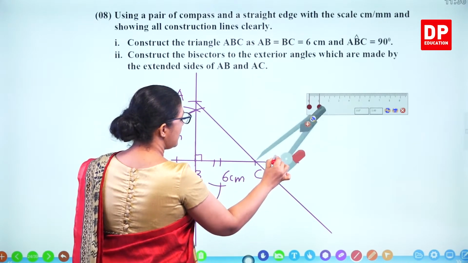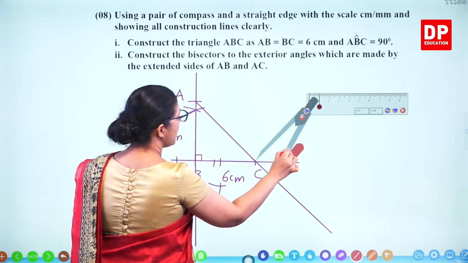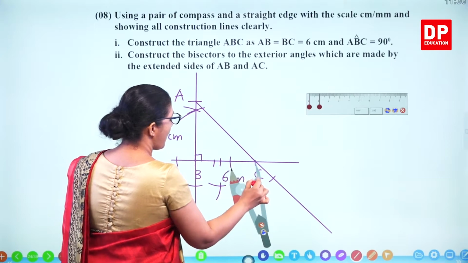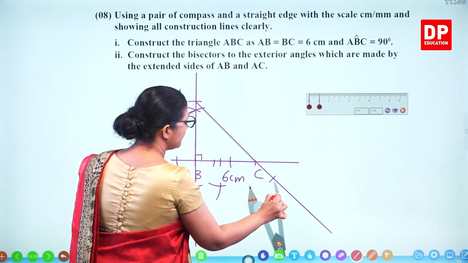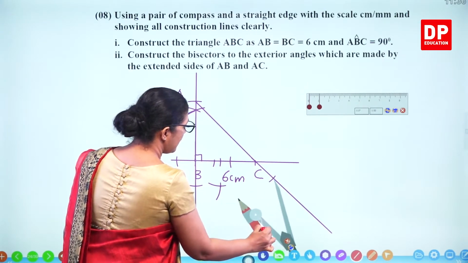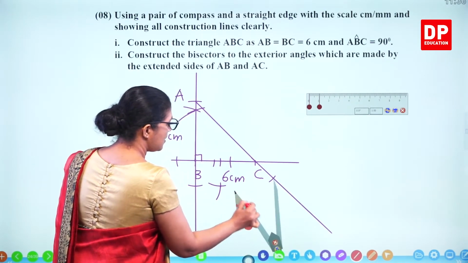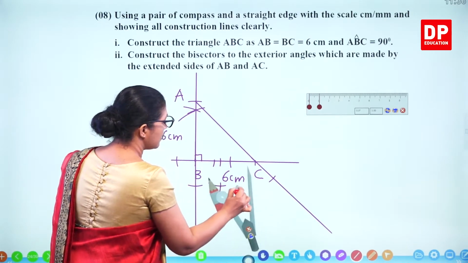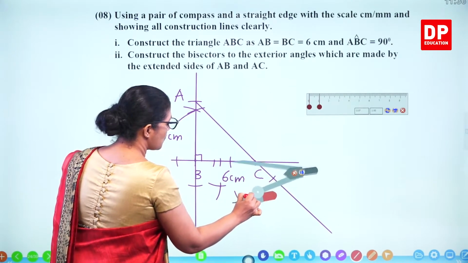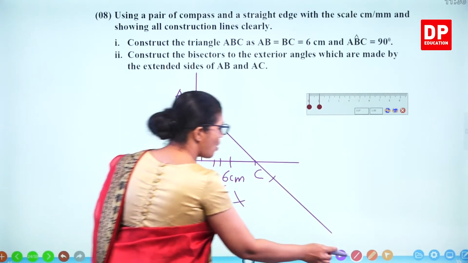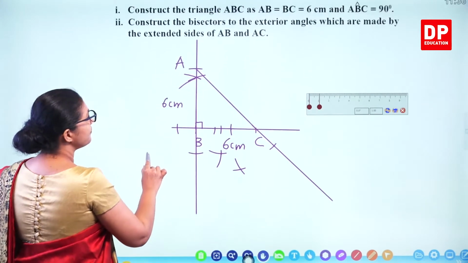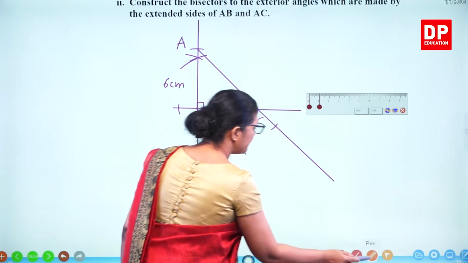So we'll do the same thing for point C. You can take any length, draw an arc here and here, and then bisect the angle. We'll take a longer length here, draw an arc here and keep it here and draw the other arc, this one. Now we have two bisectors, so we can extend the two lines.